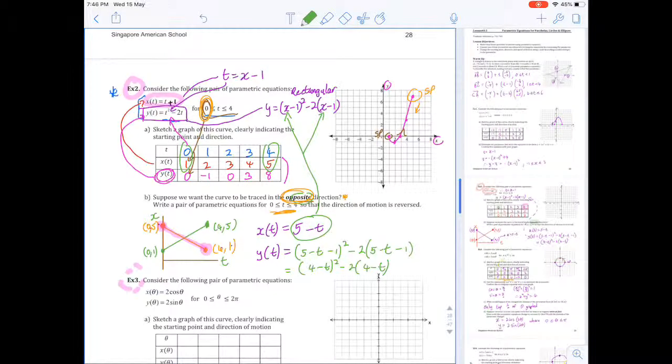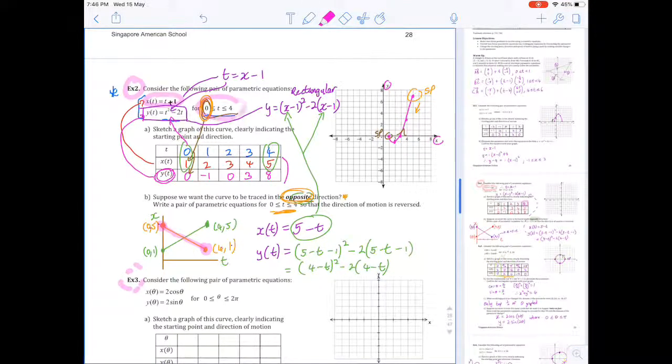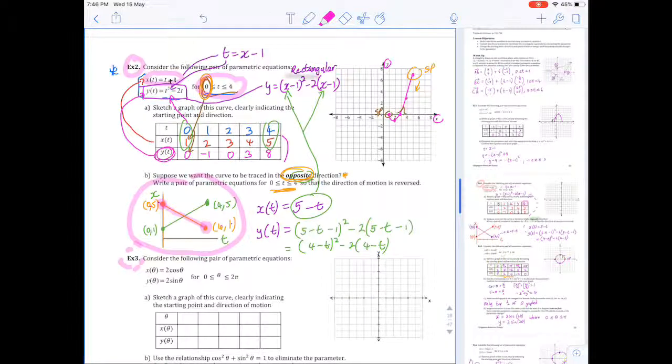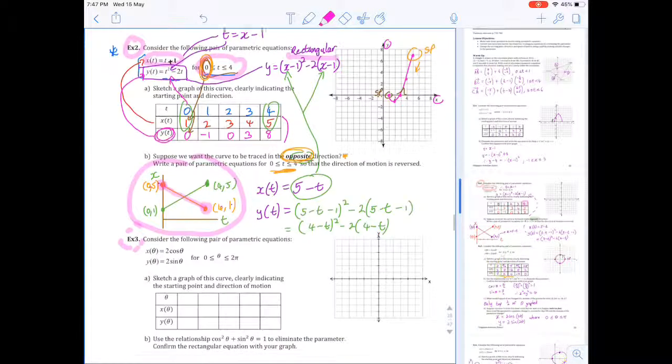Okay, so just to recap, all we've done is we have sketched a piece of a parabola because we related time, and time was limited, which limited the x domain, which meant we had a piece of a parabola with a defined starting and ending point and a defined direction, and then we reversed the direction by considering the relationship between x and time, and then going through the rectangular in order to connect the change in time to y as well. Okay, let's move on.